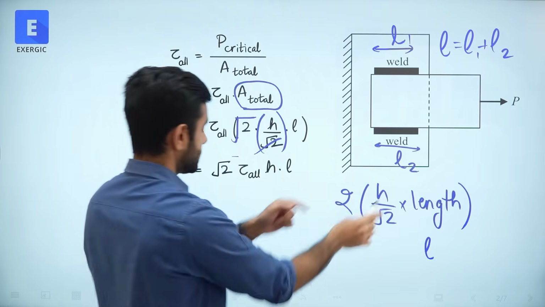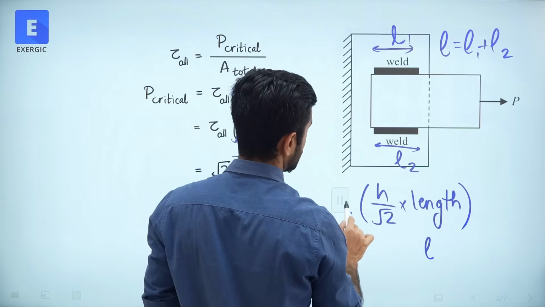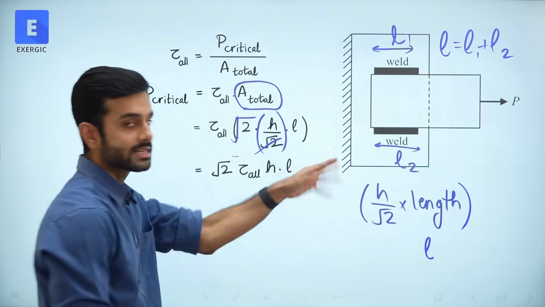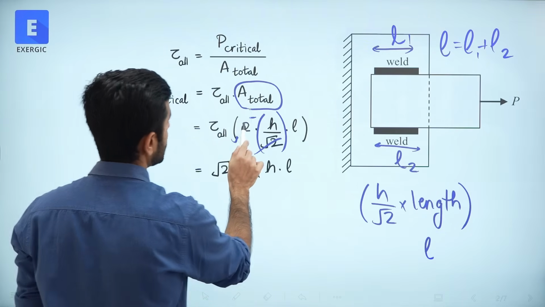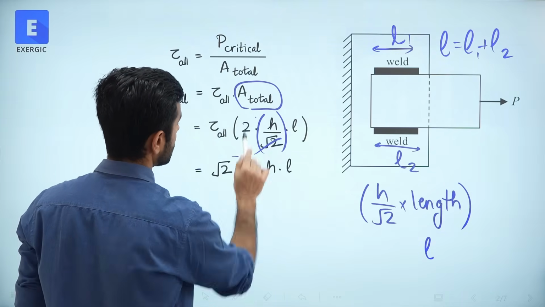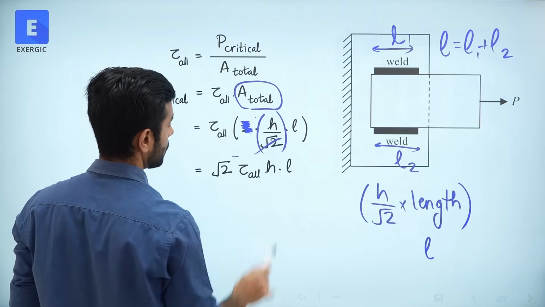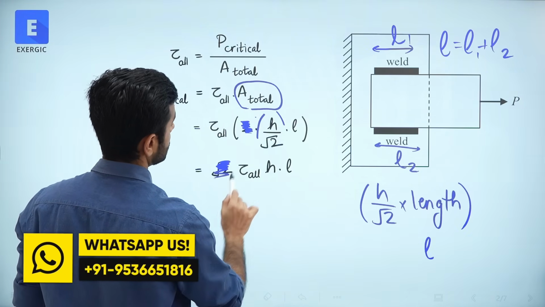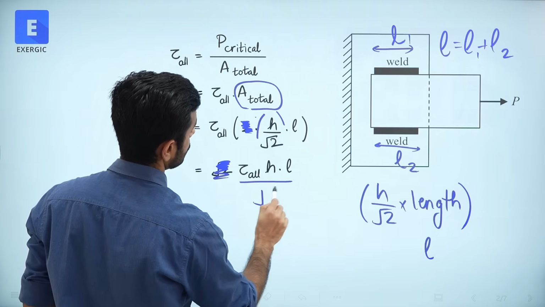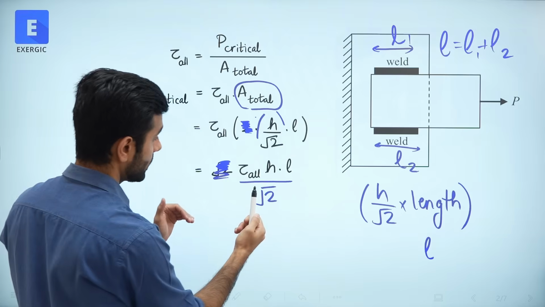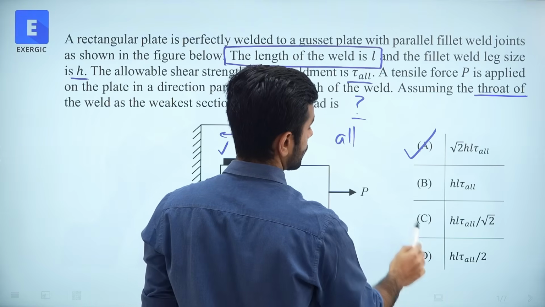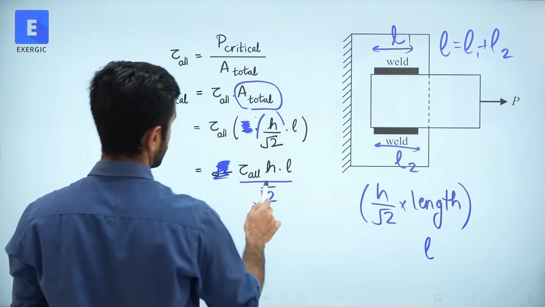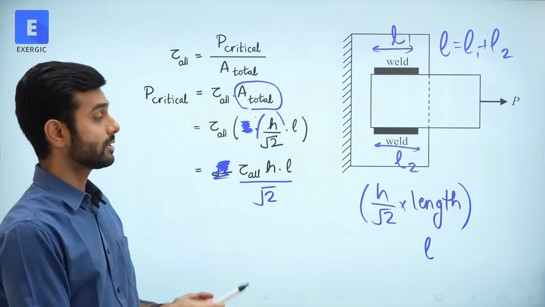So when we write this expression, we don't have to multiply by 2, since L includes both the weldments in itself. This 2 won't be coming, which means this root 2 will stay there in the denominator. So you are going to have the option HL tau divided by root 2. So C is going to be the answer as per them.